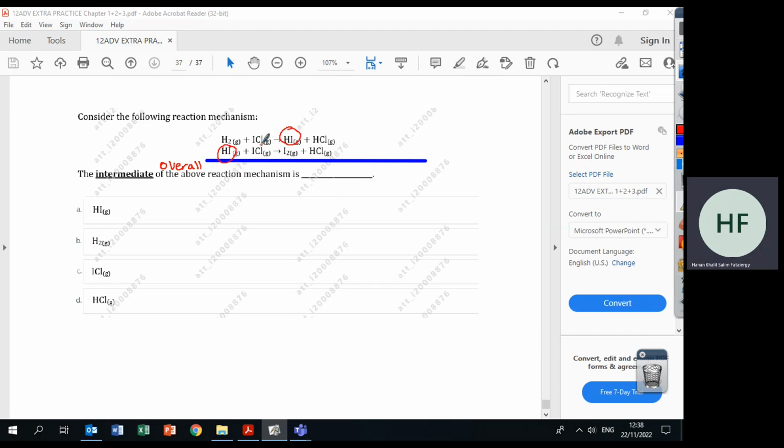I will not cancel ICl with ICl because these two are on the same side, and similarly for HCl. So the overall reaction will be H2 plus 2 ICl, this will give you I2 plus 2 HCl. Okay, so what is the intermediate? The intermediate is HI.